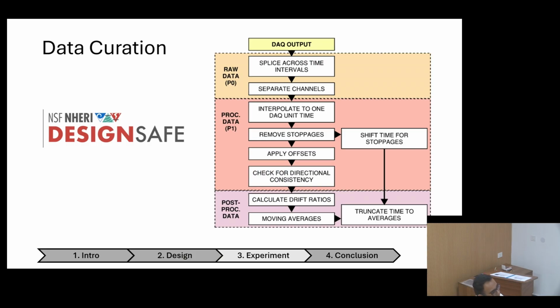They're all uploaded in Design Safe. You can use those data to calibrate, build, and maybe verify your model. So if you're doing enhanced modeling, that's one of the ways to make robust models using some good experimental data.